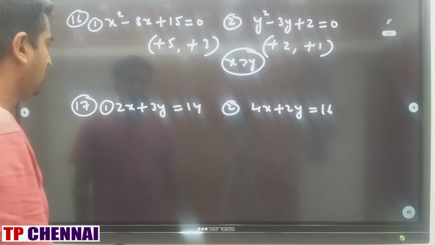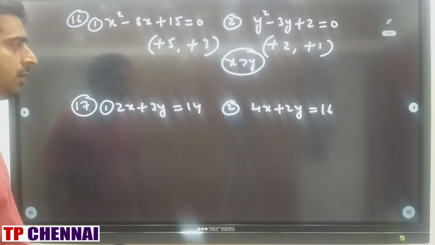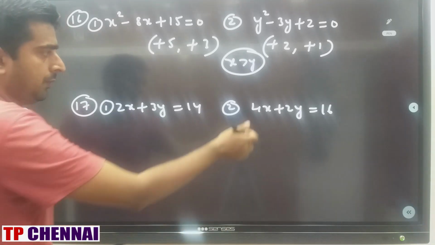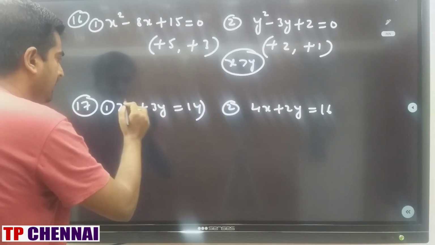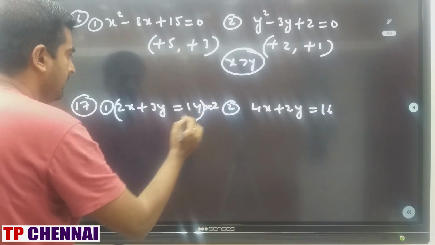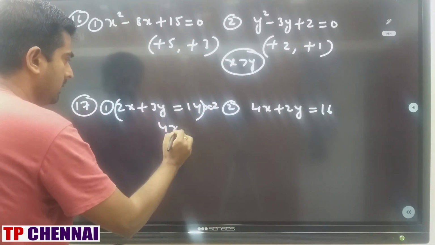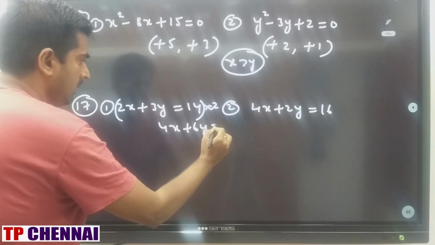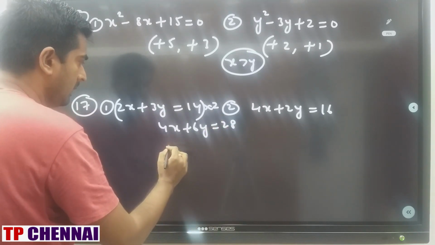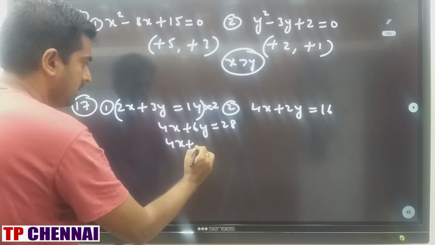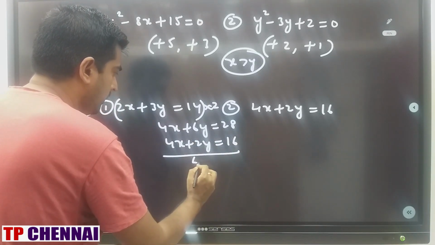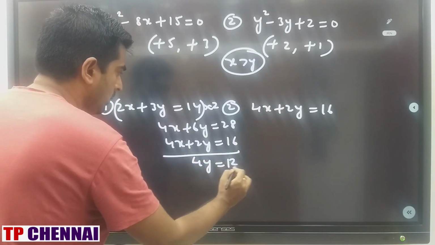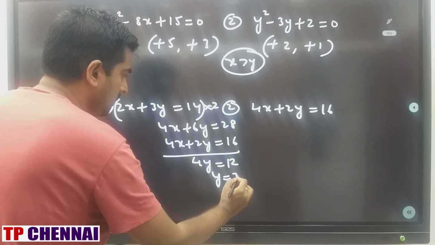Next one: 2x plus 3y is equal to 14, 4x plus 2y is equal to 16. Here the coefficient of x is 4, here the coefficient of x is 2. So multiply this one by 2. So this is 4x plus 6y is equal to 28. 4x plus 2y is equal to 16. Subtract. So 4y is equal to 12, y is equal to 3.